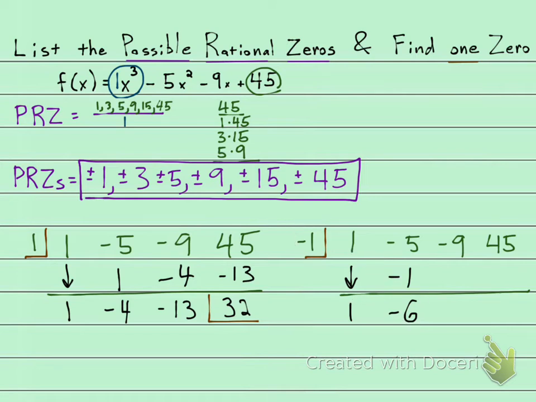Multiply these two, positive 6. Add these two, negative 3. Multiply these two, positive 3. Add these two, 48. Okay, so not 0. So it's not 1 or negative 1. And let's try 3.